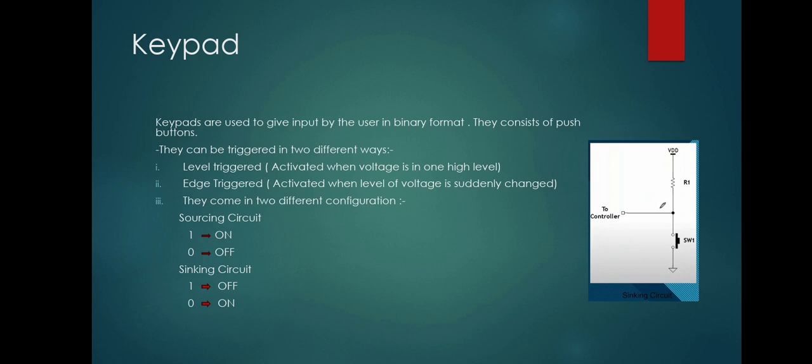It is activated when the level of voltage suddenly changes. Keypads come in two different configurations. One is a sourcing circuit and another is a sinking circuit. In a sourcing circuit, 1 represents on and 0 represents off, whereas in a sinking circuit 1 represents off and 0 represents on.